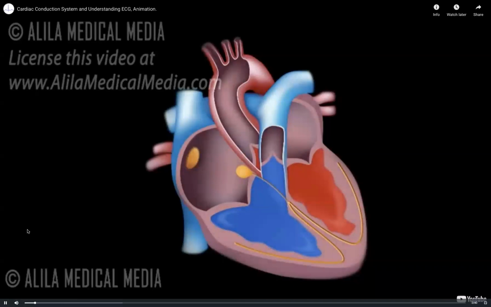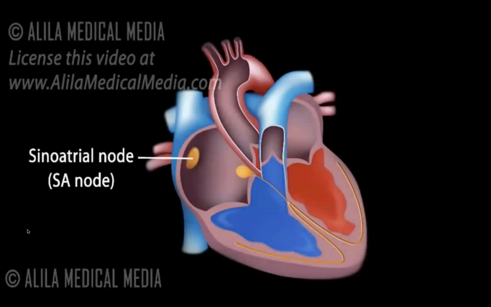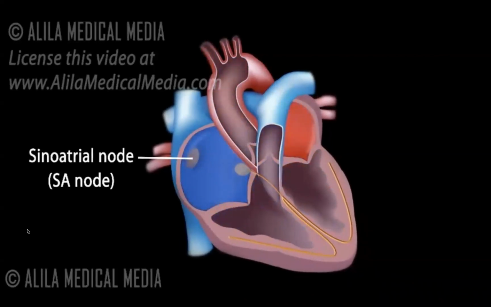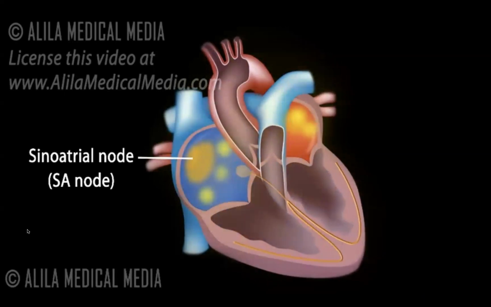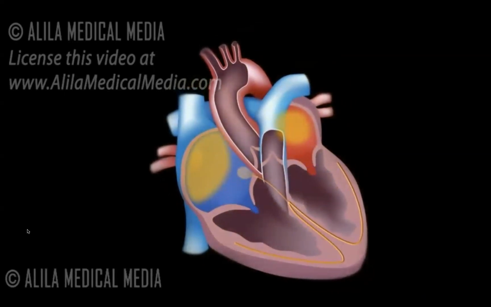System consists of the following components: the Sinoatrial Node, or SA node, located in the right atrium, the superior vena cava. This is the natural pacemaker of the heart. It initiates all heartbeat and determines heart rate. Electrical impulses from the SA node spread throughout both atria and stimulate them to contract.